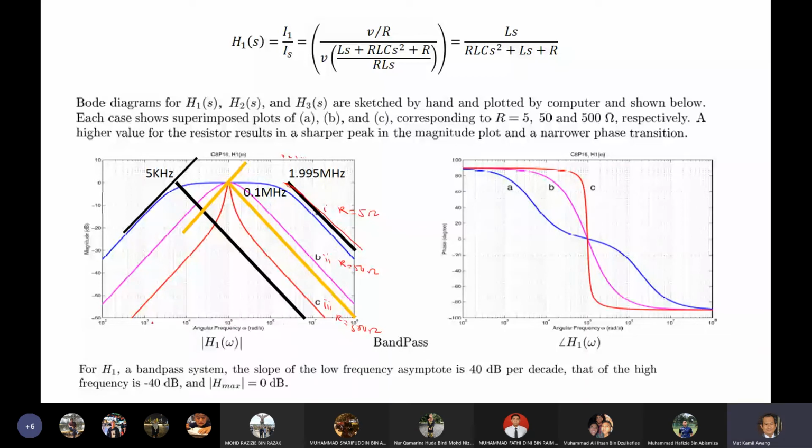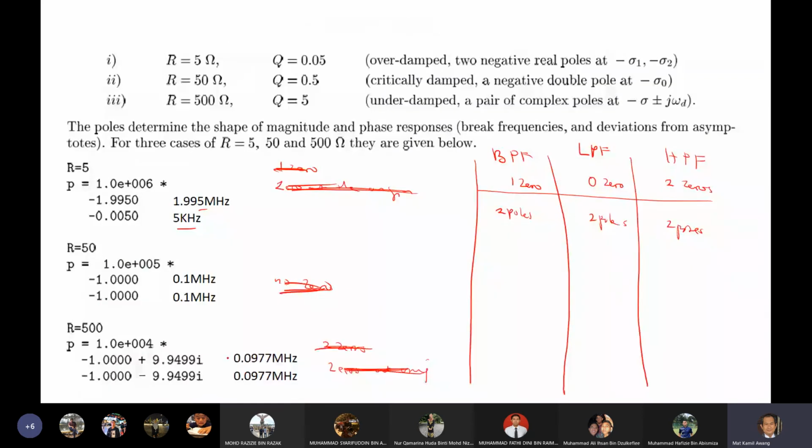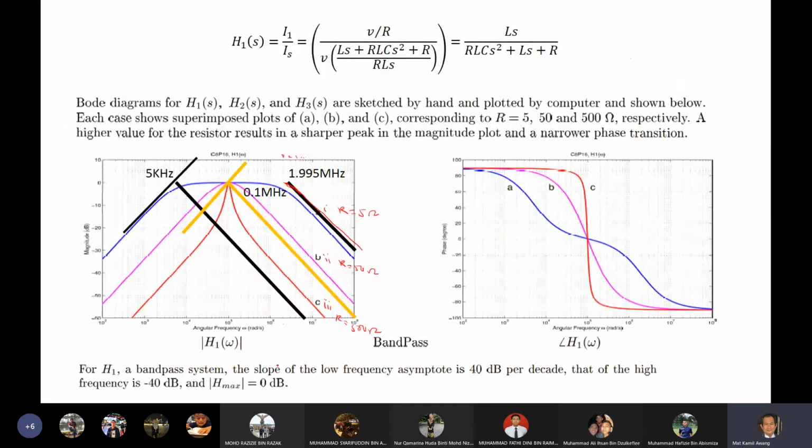And the red one, in terms of the poles and zeros, is almost the same, because this is actually the exact calculation. You get 0.977 megahertz instead of 0.1. But from this diagram, it's almost the same. So I still use the yellow one.